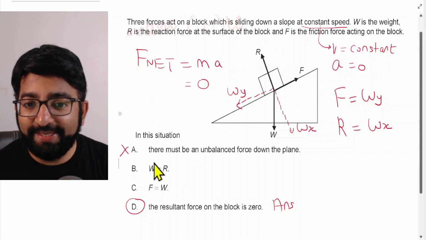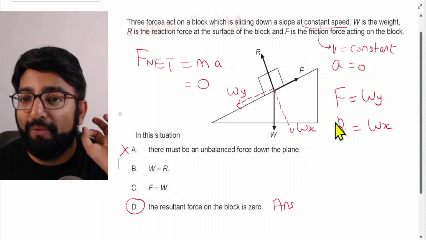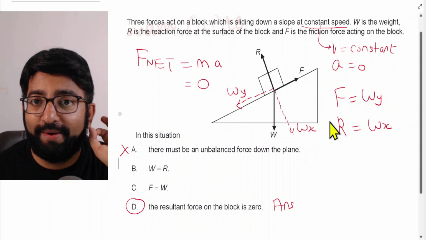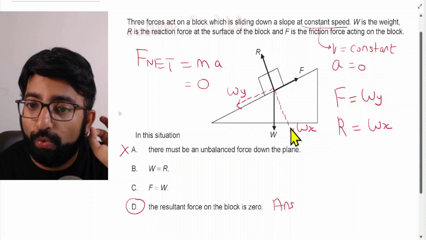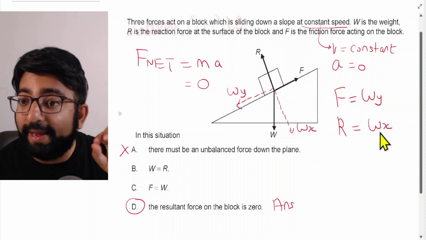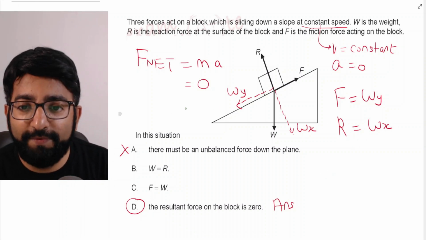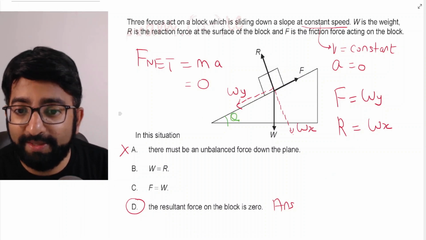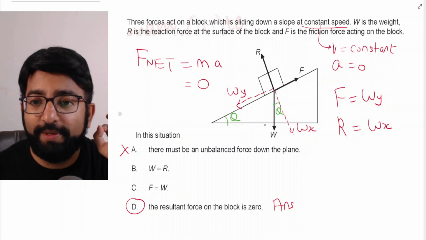In option B it is saying W is equal to R. Is that correct? No, W is not equal to R. In fact, R is equal to the component of W which is perpendicular to the plane, which is Wx. So R is the x component of W. Just to simplify this, let's say the angle of the incline, let me draw, let's say this angle is theta, which means this particular angle will also be theta.